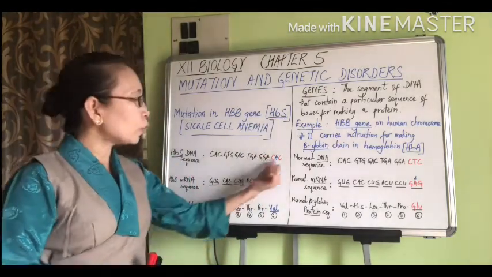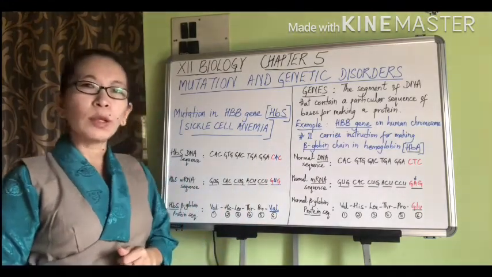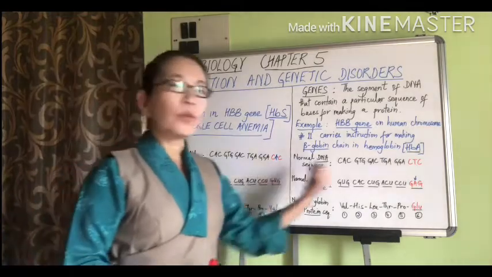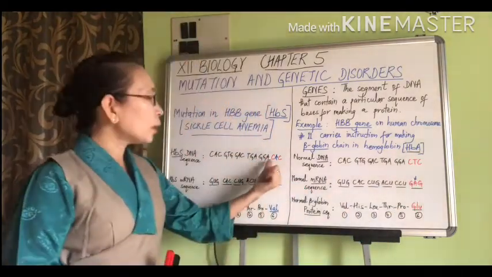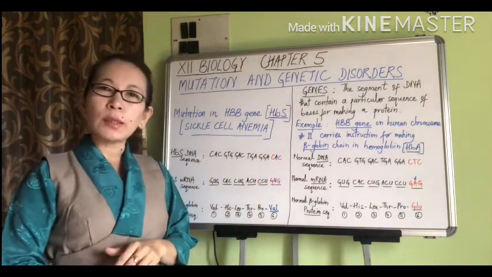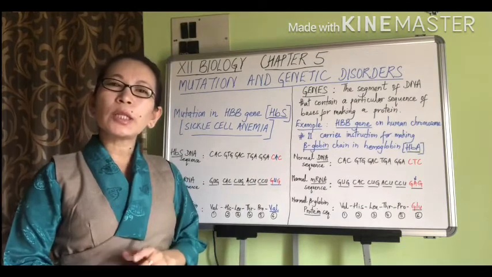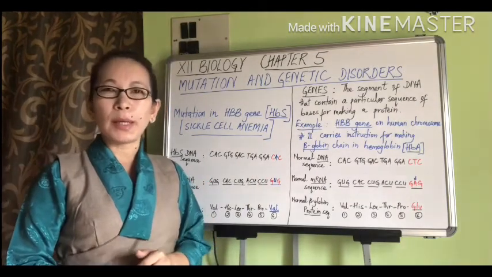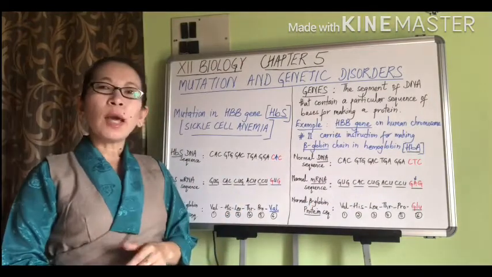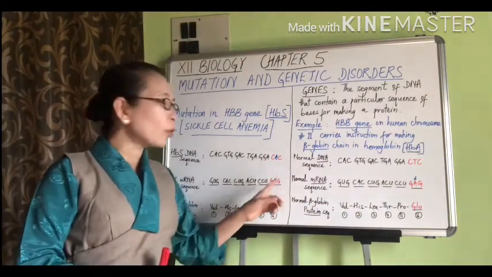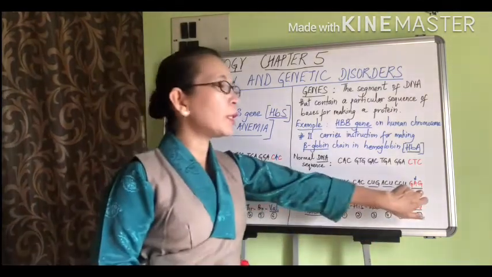So now let's look into what went wrong in these HBS individuals. Instead of the sequence CTC in their DNA, the mutated HBB DNA has CAC. So there's a change in just a single base. CTC has become CAC, and CAC is then copied as GUG instead of GAG.